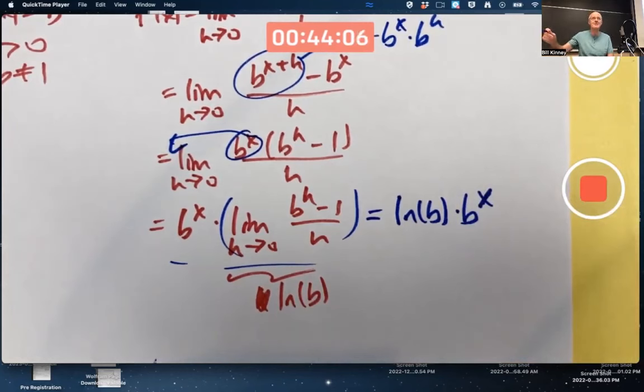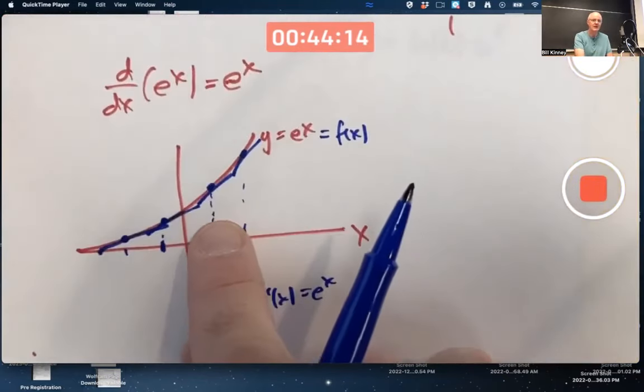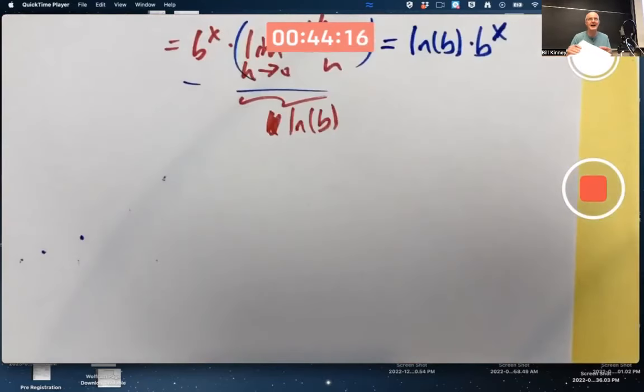The graph of b to the x when b is bigger than 1 still is increasing and concave up. It looks just like this graph. It looks like the graph of b to the x. It's technically not exactly the same, but it's got the same shape, increasing concave up with the x-axis still the horizontal asymptote as x goes to minus infinity. Same y-intercept of 1, because b to the 0 equals 1.